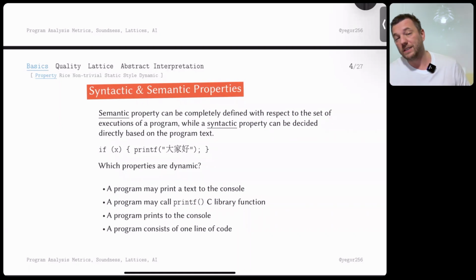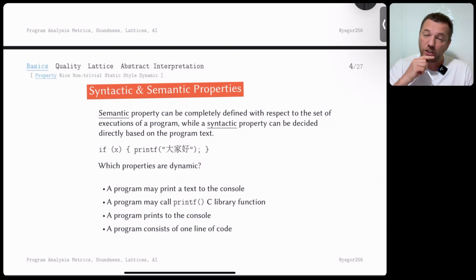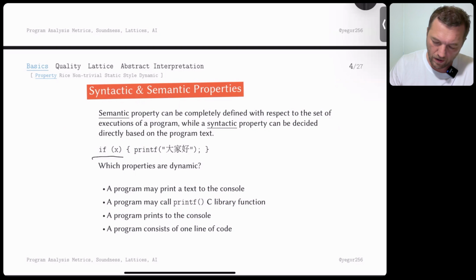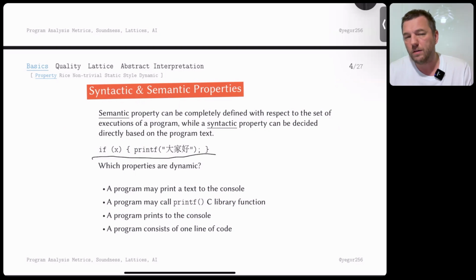And the property is called semantic if we need to evaluate the program in order to understand whether the property is actually there. So I suggest you look at this program and try to tell me which of the following 4 properties listed here are dynamic properties.